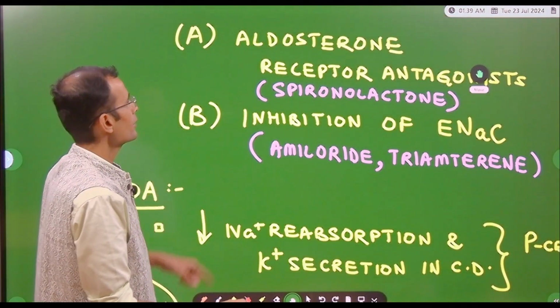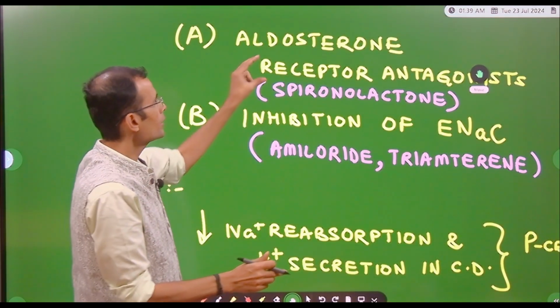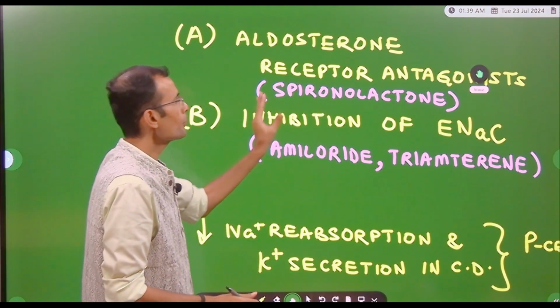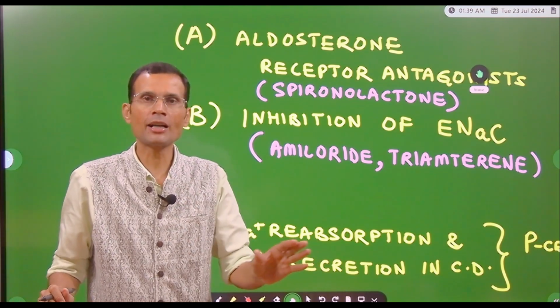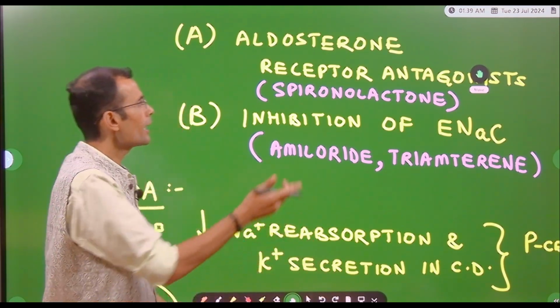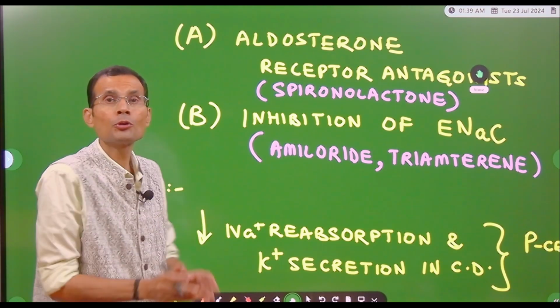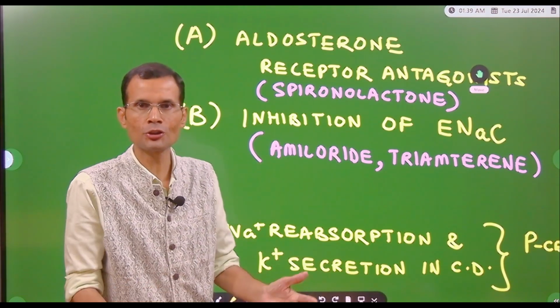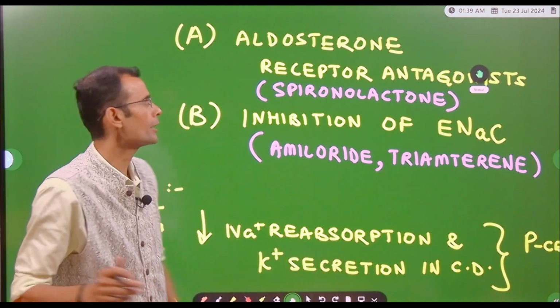That's common everywhere. How do these act? Well, these act in two ways. One category is aldosterone antagonists. They will block the action of aldosterone in the collecting duct, and therefore the sodium reabsorption will stop. Sodium reabsorption which was happening under the influence of aldosterone will be stopped, blocked, inhibited.